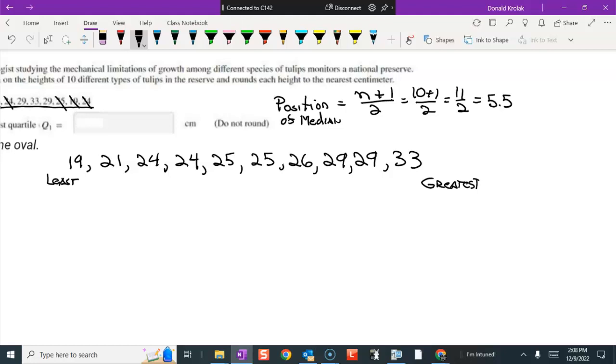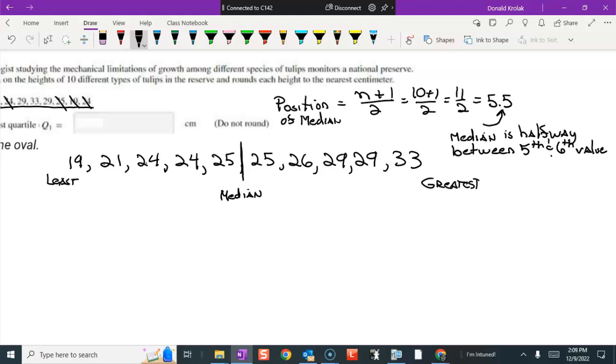So what this tells me is that the median is halfway between the 5th and the 6th number. So my median is the average of these two, which is just going to be 25.